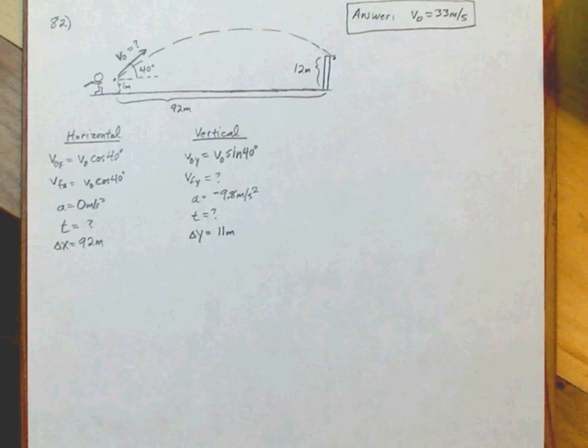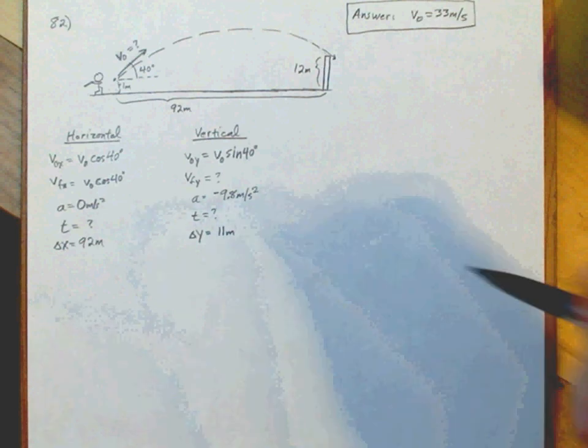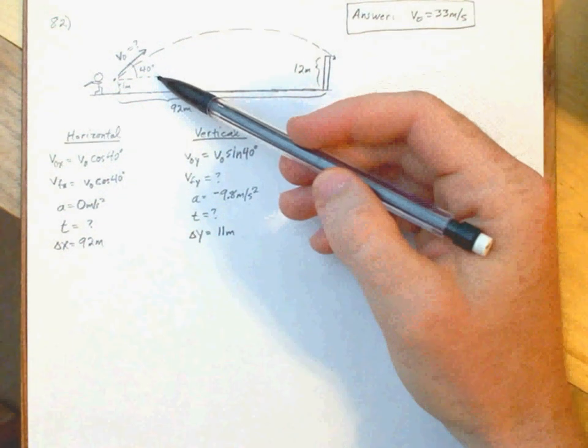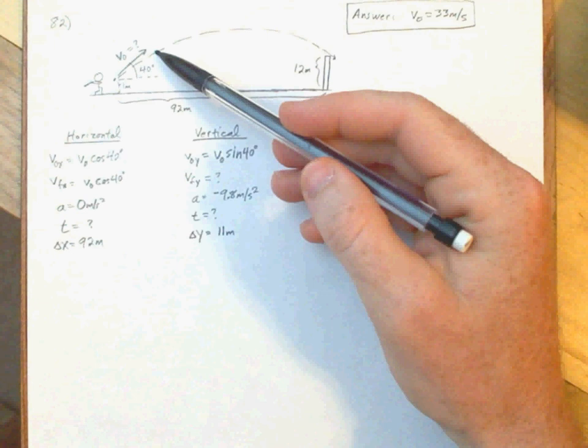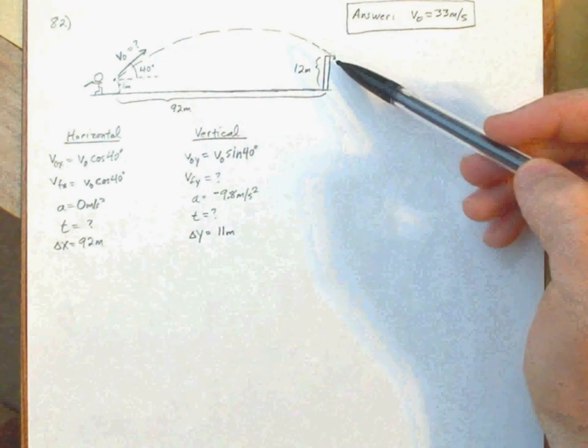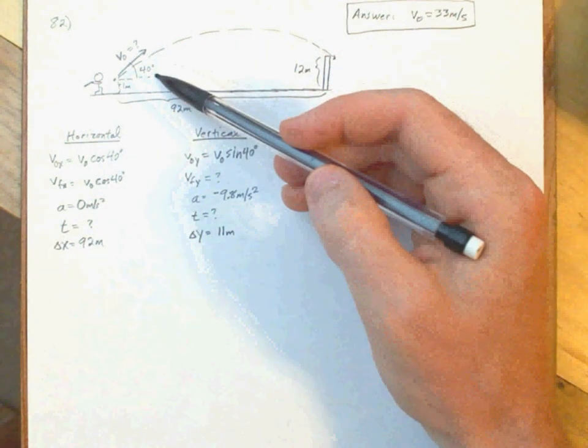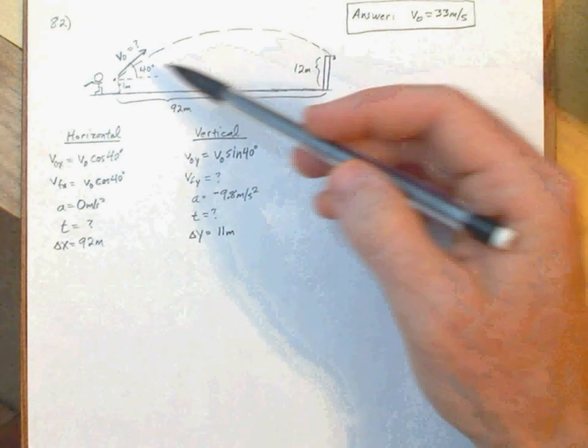For some of the equations you might use, you might get two answers for time, both positive. That's because when you use equations with time there, especially something with t squared and you're going to take its square root, you're going to find out that time is at 11 meters here and here, like it's at 11 meters above its starting height. So it's at a height of 12 meters total in two places. Those are both legit.